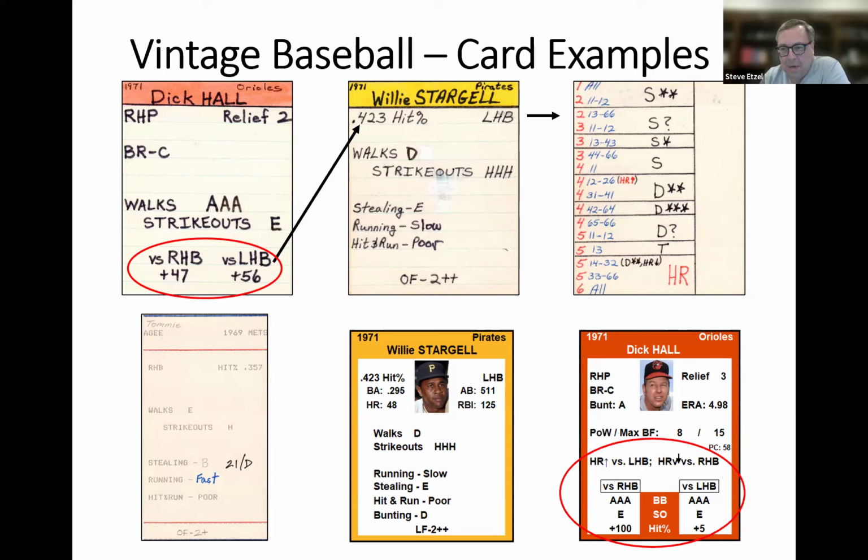So now there's a separate walk rating, strikeout rating, and hit adjustment rating for versus left-hand batter and versus right-hand batter. Interestingly about Dick Hall, his splits were actually backwards. He's a right-hand pitcher, but right-handers seem to hit him well.